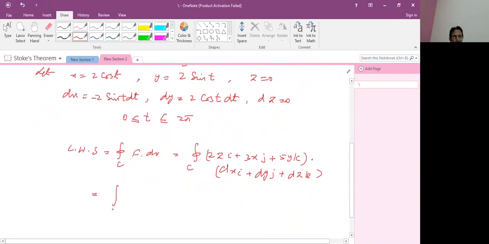And the limit is 0 to 2 pi, we represent here 2z into dx, i dot i is 1, plus 3x into dy plus 5y into dz. i dot i is 1, j dot j is 1, k dot k is 1.